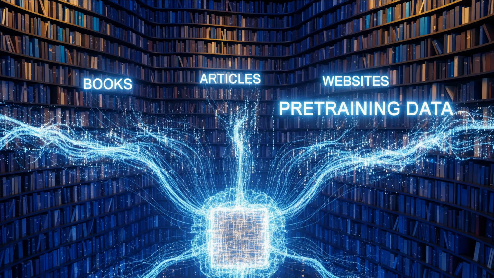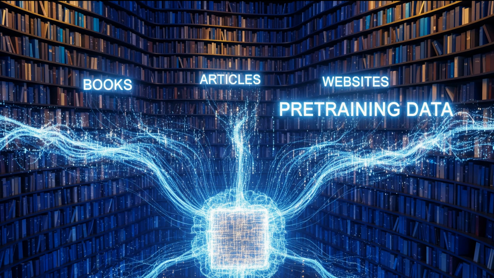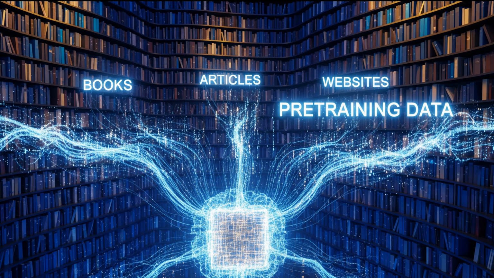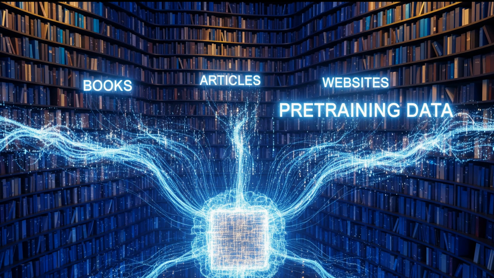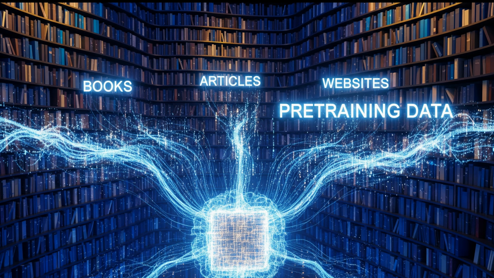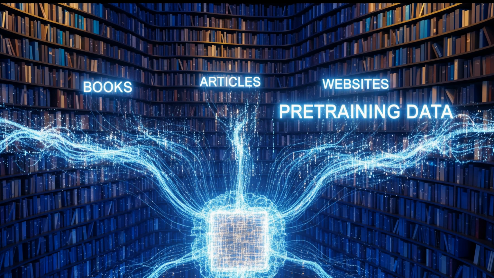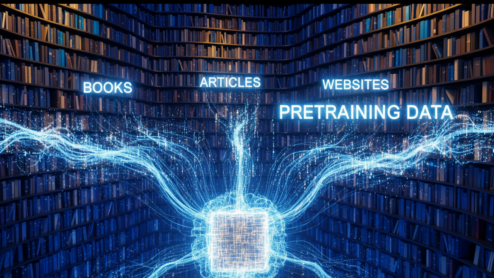How did ChatGPT learn language? Through pre-training. Engineers feed the model massive amounts of text from books, articles, websites, essentially examples of how humans write. The model's job during pre-training is simple: given some text with a missing piece, predict the missing piece.